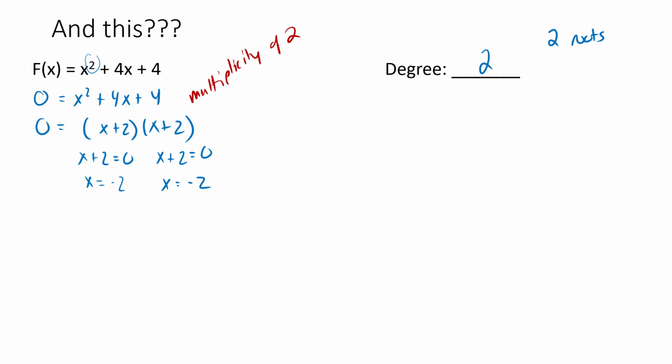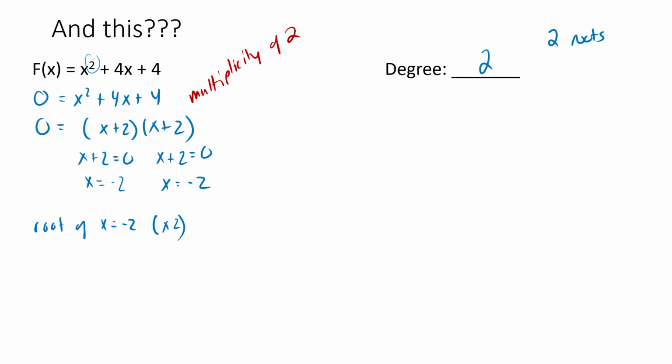Meaning that the result is showing up 2 times. So when you're stating the zero or the root, you might say a root of x equals -2, and then you might see something like "times 2" or the words multiplicity of 2, and that's indicating that it is appearing twice. Then you can actually have things where a root appears 3 times or 4 times, like you could have it appear as many times as you want.